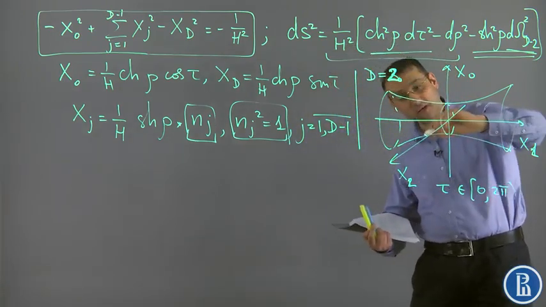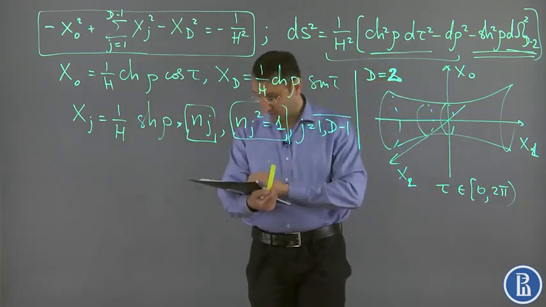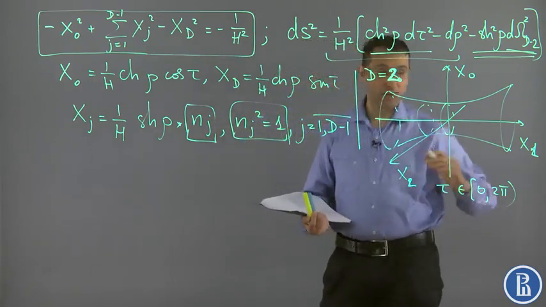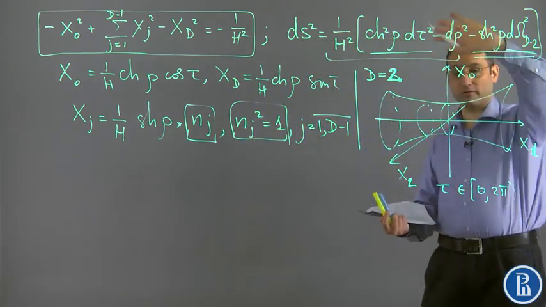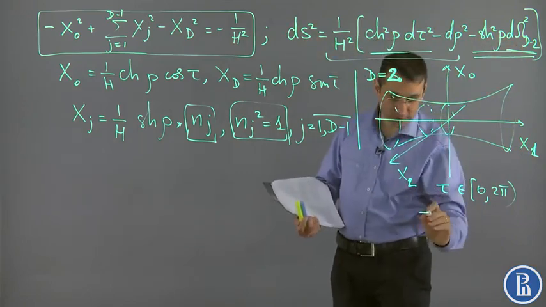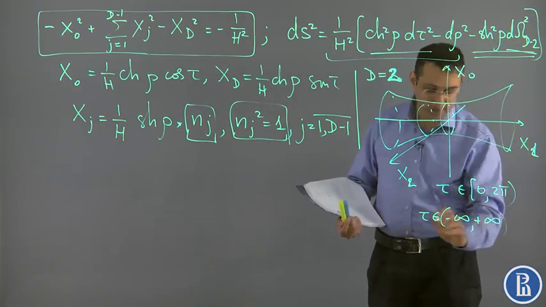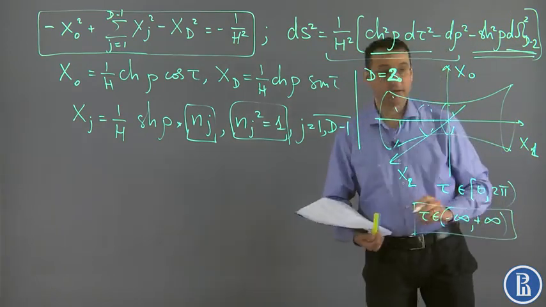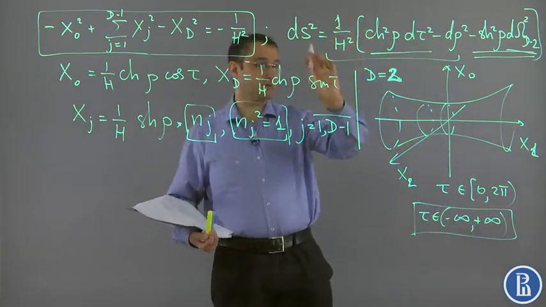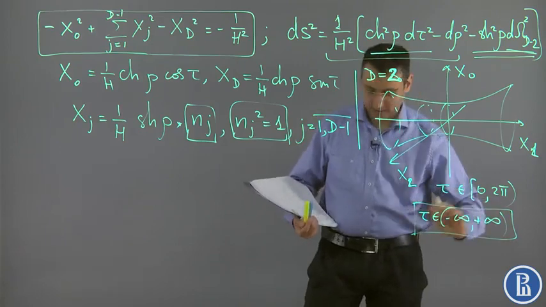So we have closed time-like curves in anti-de Sitter space, which is considered physically unfavorable, and that is the reason one usually considers the universal cover of this space: the same metric like this, but with tau ranging from minus infinity to plus infinity. That is what is usually called anti-de Sitter space in the physics literature.